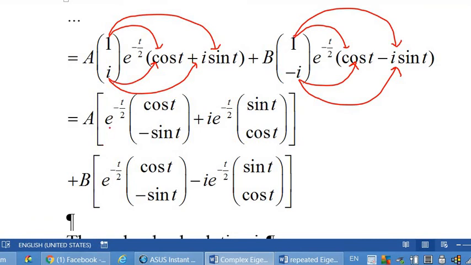This one is an exponential term. This is an exponential term multiplied with i. Okay, and break it into the constants A and B. For example, for the A term, you take 1, exponent negative t over 2 cos t. Okay, this will be exponent negative t over 2 i sin t here.